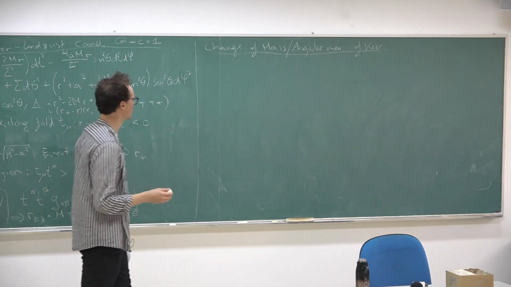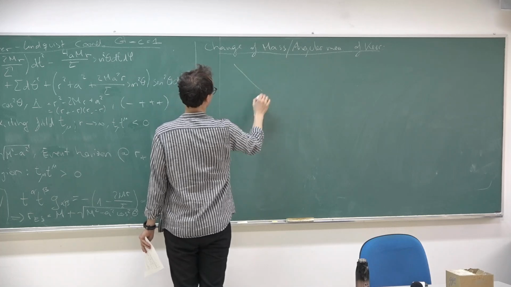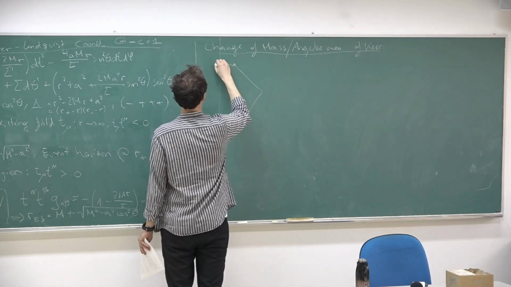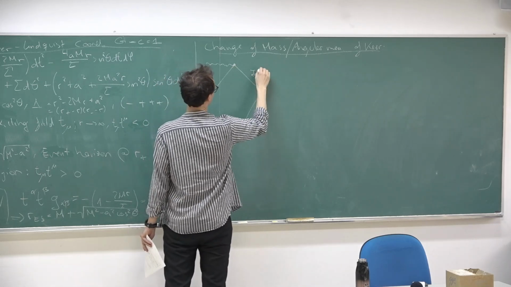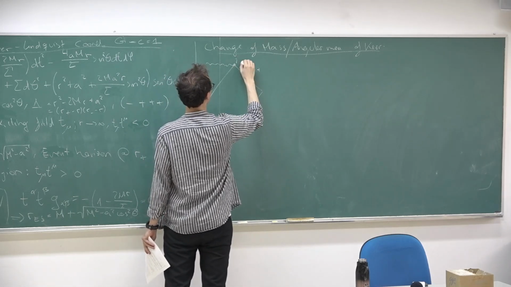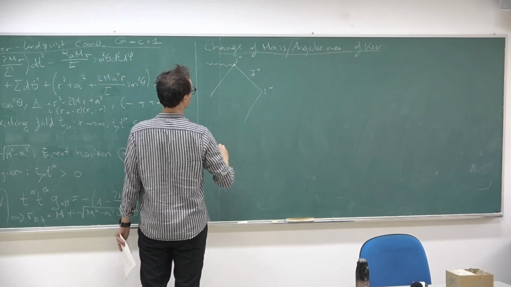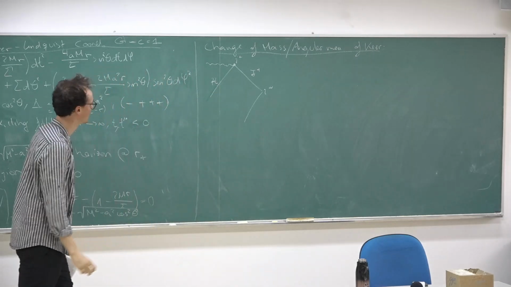Nodding. Okay, good. So let me quickly draw the relevant part of a Penrose diagram. Here's the scri here, and then this is the singularity, and this is the horizon, this guy here.